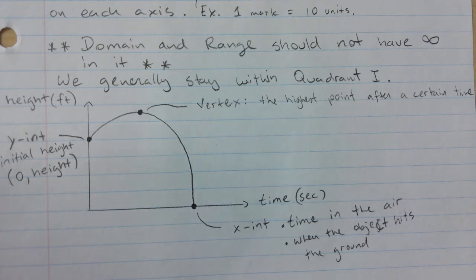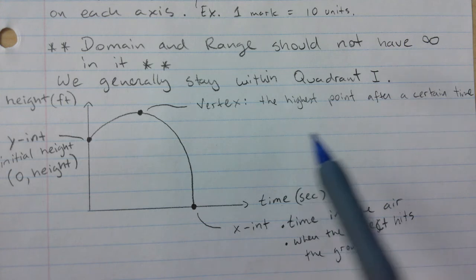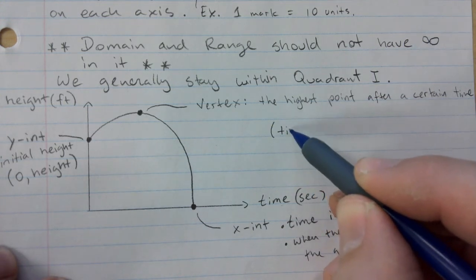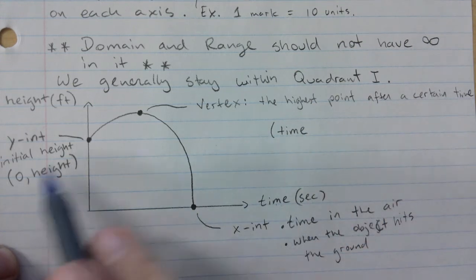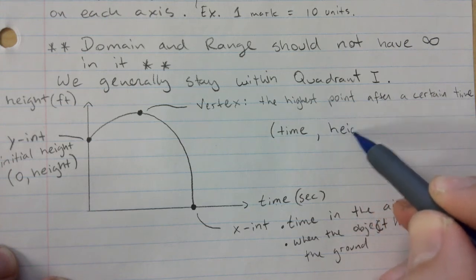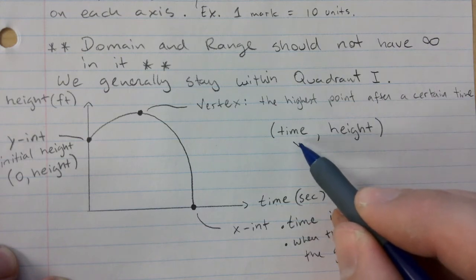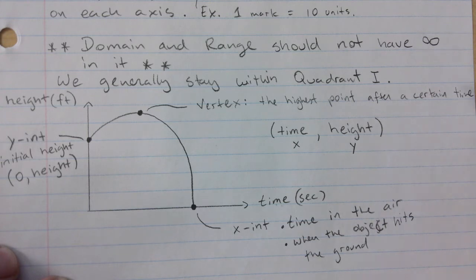And this is in general. Every single point in here, you know how every point has an x and a y coordinate? Now we're going to look at it as time, because that's what x is. Every x value of every coordinate represents time, and every y value represents height. So this used to be x, and this used to be y for us. So every single point you have to think now in terms of time and height.